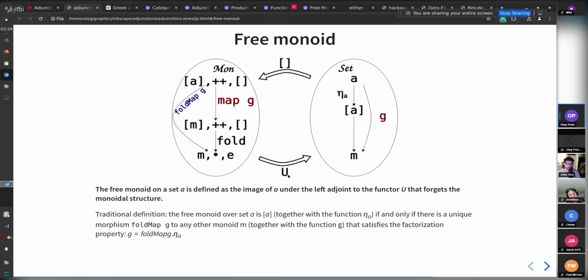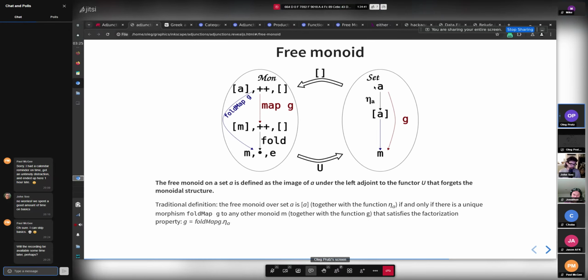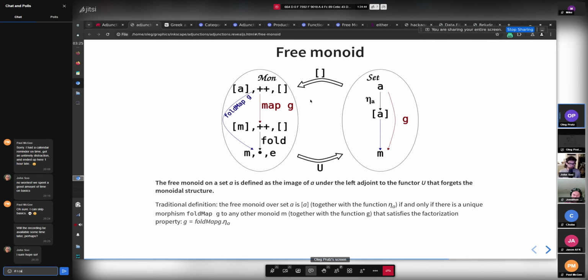That means you can have a functor U, which is called the forgetful functor. Again, as with diagonal functors, many functors are called forgetful. This is one of them. So U forgets the monoidal structure, just gives you the set, and the free monoid is defined as the left adjoint to that forgetful functor.